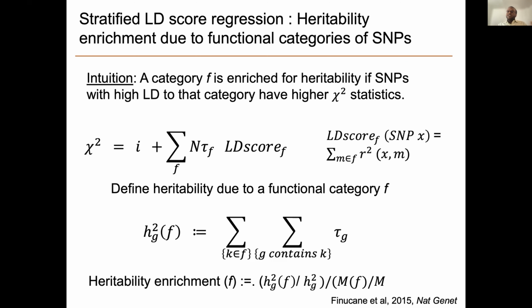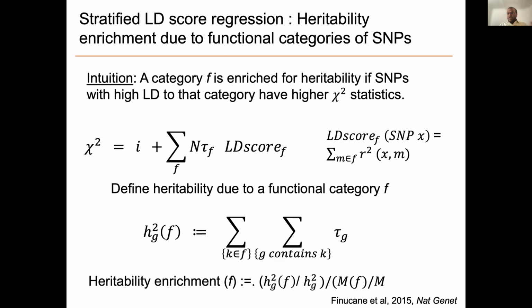And the tau F here is the contribution for each of these different functional category based LD scores. And the heritability h g squared F can be written as a linear combination of these different taus.